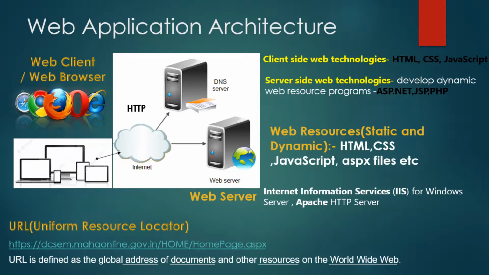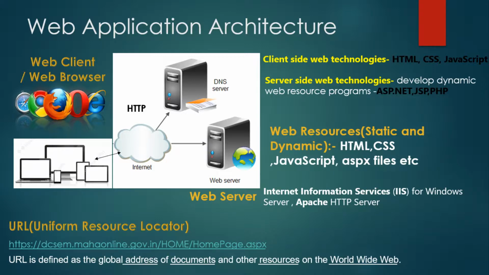So here, in a web application, whatever application is deployed on a web server, we are accessing through a web client. So here web client is nothing but a web browser that will access the web resources from the server using URL.